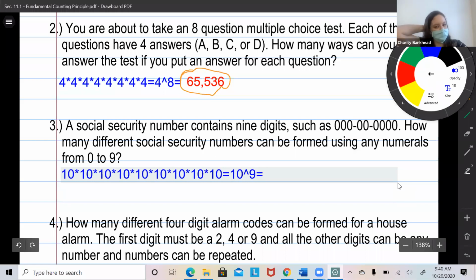So it's going to be basically a 1 followed by 9 zeros. So that's like a billion, right?